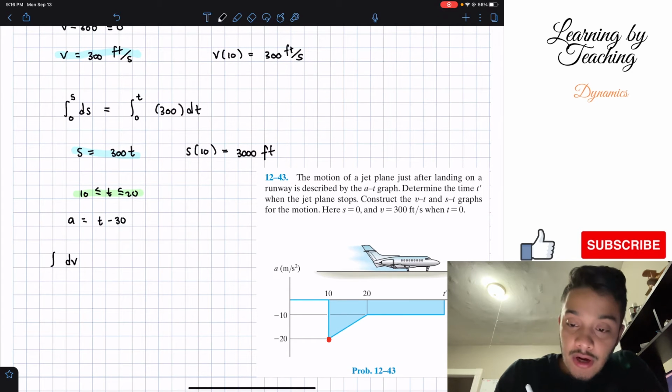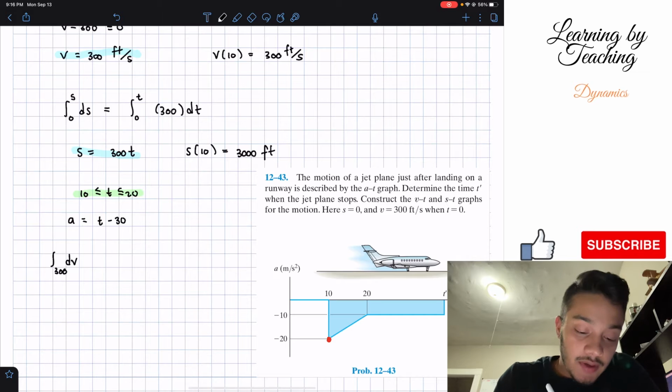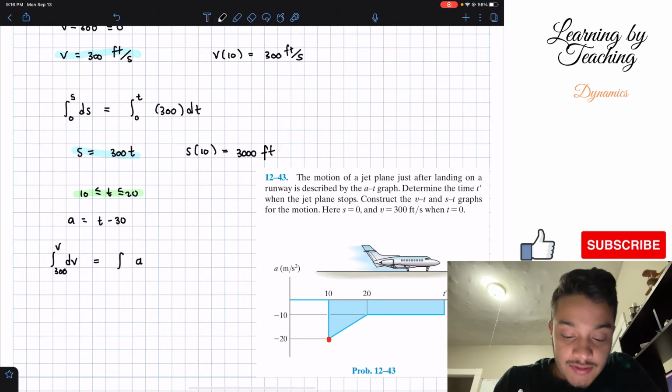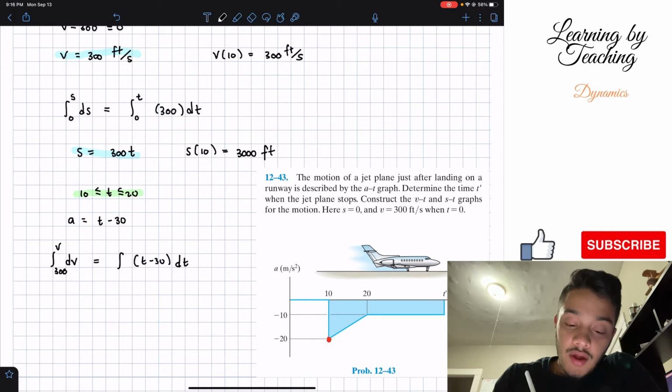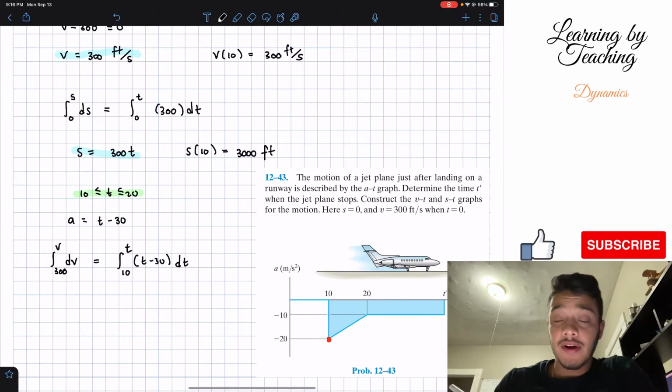For our integral on velocity, we're gonna have 300 all the way to our final velocity, which has to be equal to the integral of our acceleration. Our acceleration is t minus 30 multiplied by our change in time, and the time goes from 10 all the way to our final time.